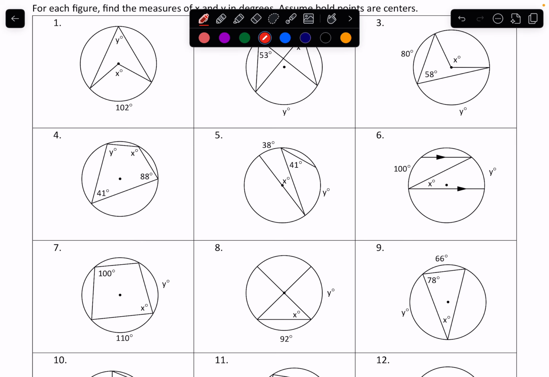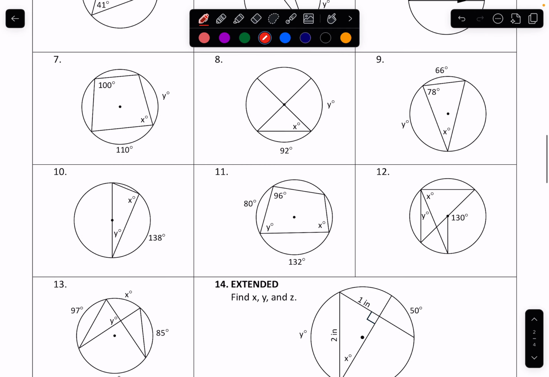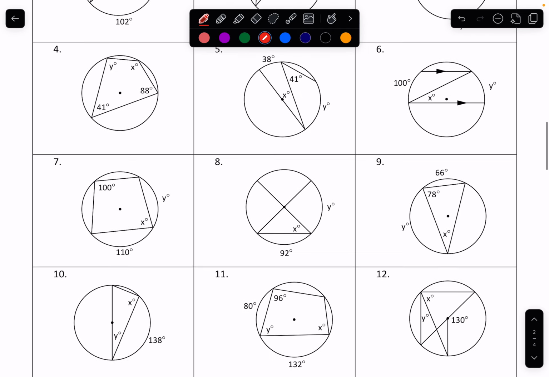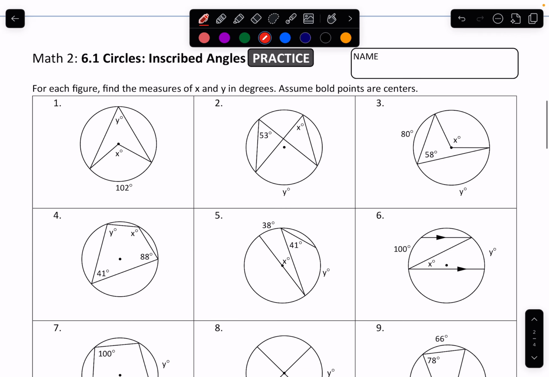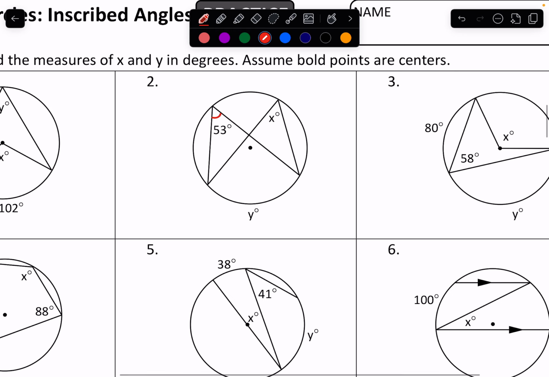All sorts of stuff going on in these problems, okay? So use what you've learned in the past. Use what you learned today. Get some colored pencils and start trying to find connections between these different shapes and the circles that they go with. Again, I think one of the best things you can do, like number 2, if it gives you an angle, is kind of color code what makes that angle.